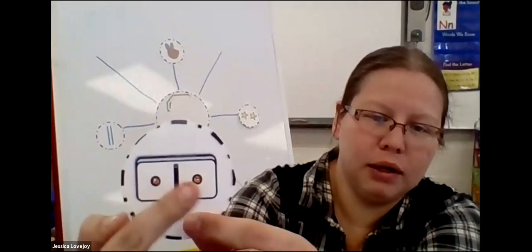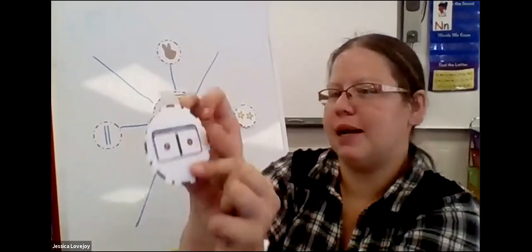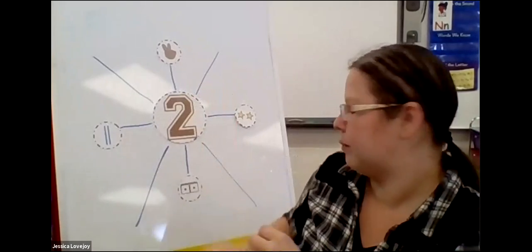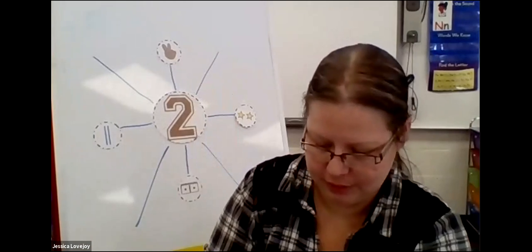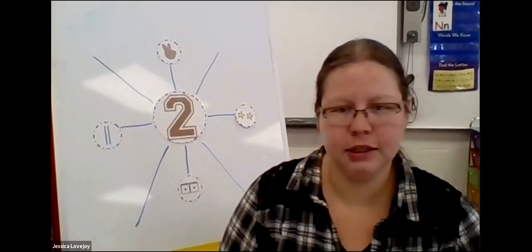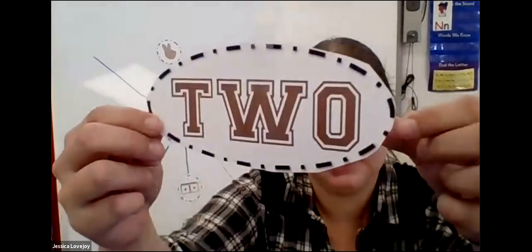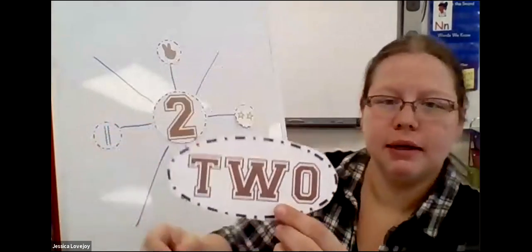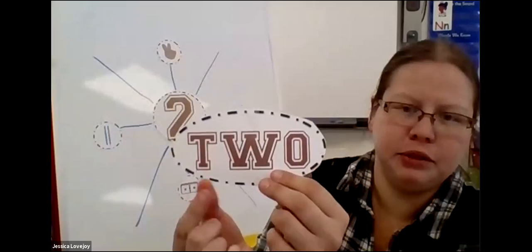His domino had 2 dots on one side. I have 1, 2. I have 1 dot on each side. And he showed this. This is the number word. This is how we spell the number 2. T-W-O.